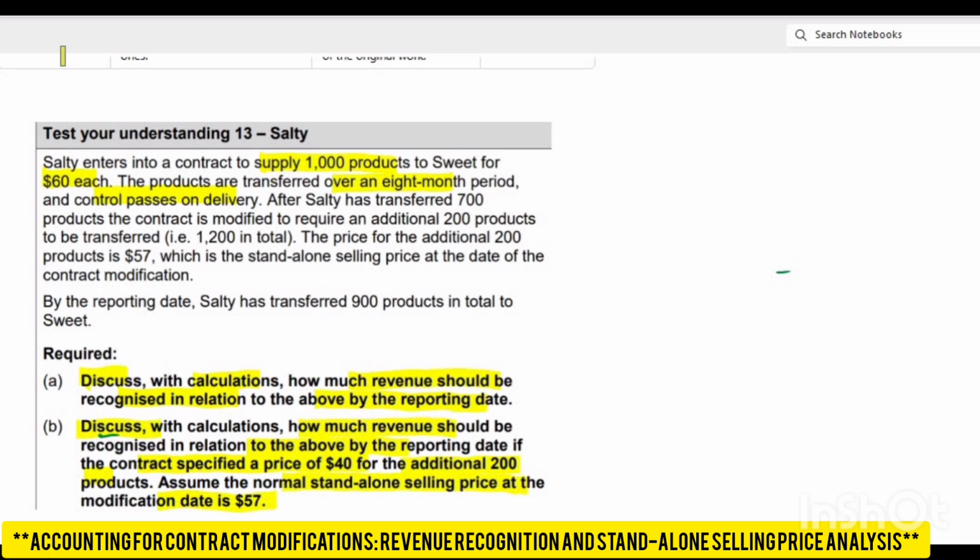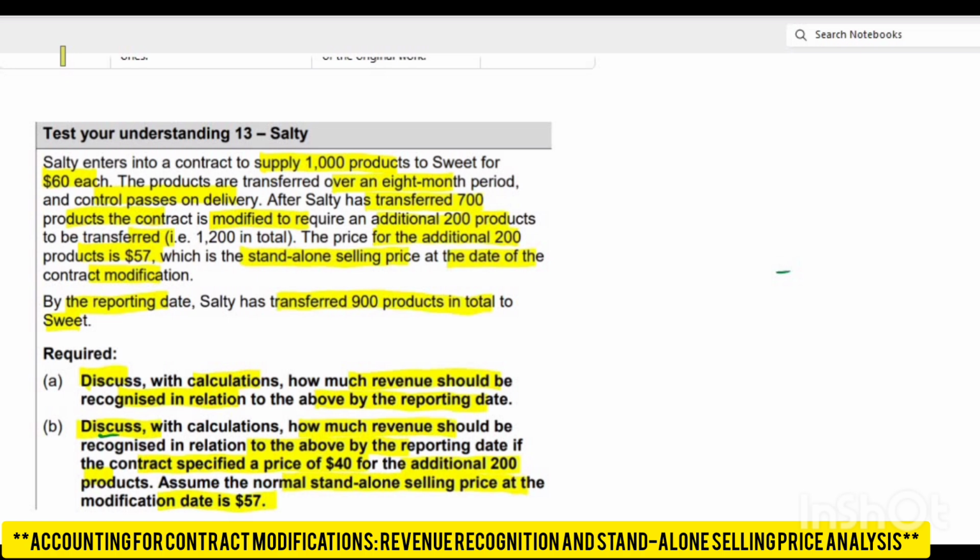Now after Salty has transferred 700 products, the contract is modified to require an additional 200 products to be transferred. The price of the additional 200 products is 57, which is the stand-alone selling price at the date of the contract modification. By the reporting date, Salty has transferred 900 in total to Sweet.